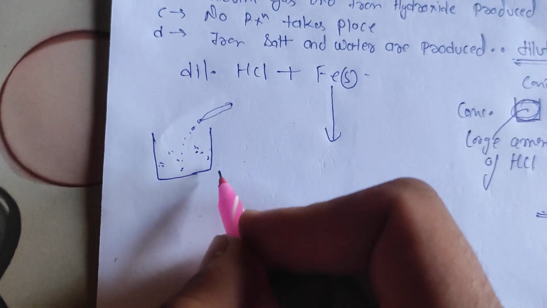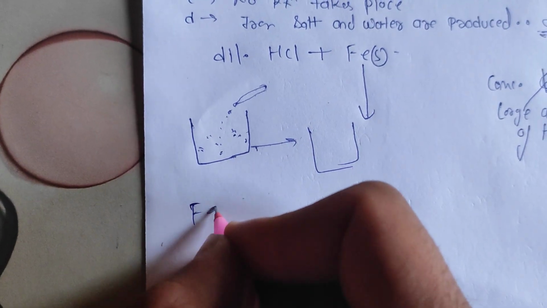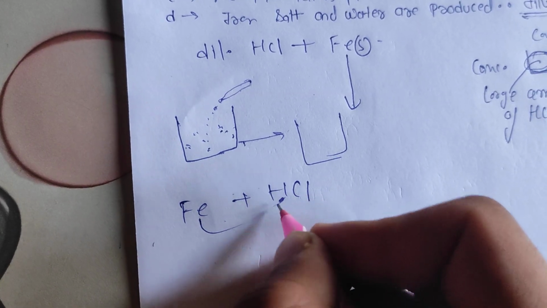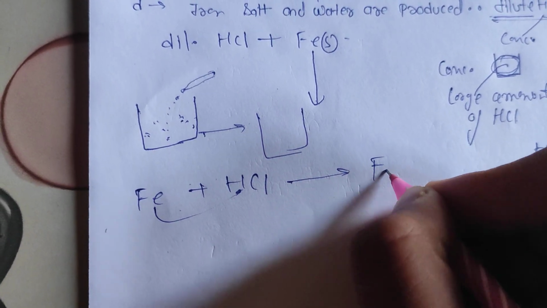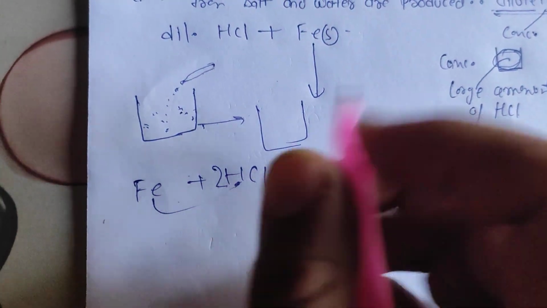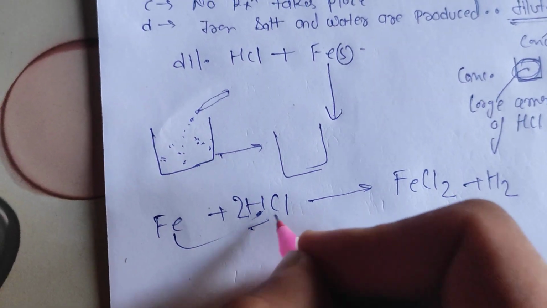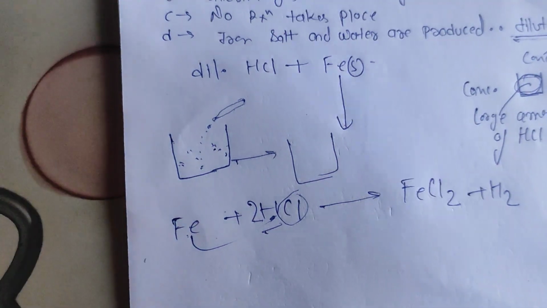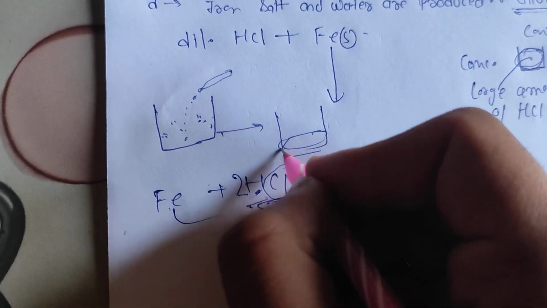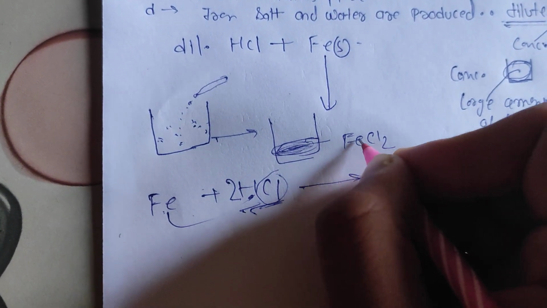We see that after some time, the iron with HCl kicks out the hydrogen and takes the chlorine. Hydrogen remains as gas. Let's balance it. Iron kicks out the hydrogen gas and sits with the chlorine, like in a displacement reaction.